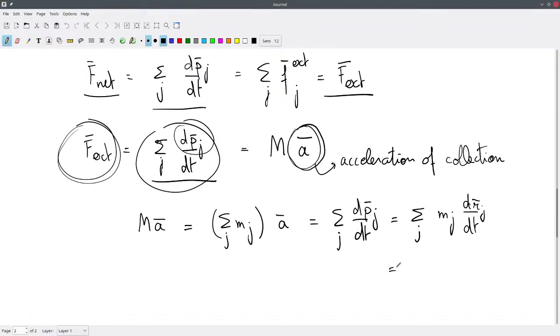And that's actually equal to the time derivative of the sum over mj vj.